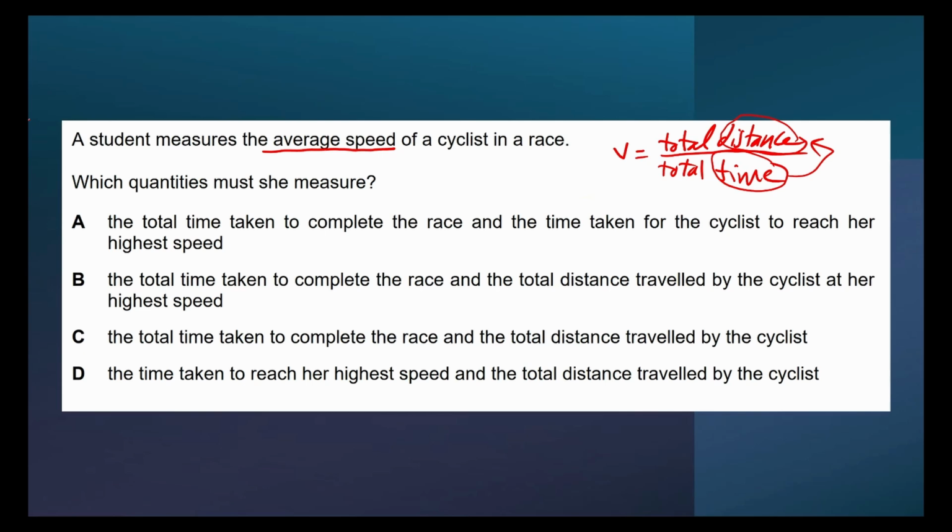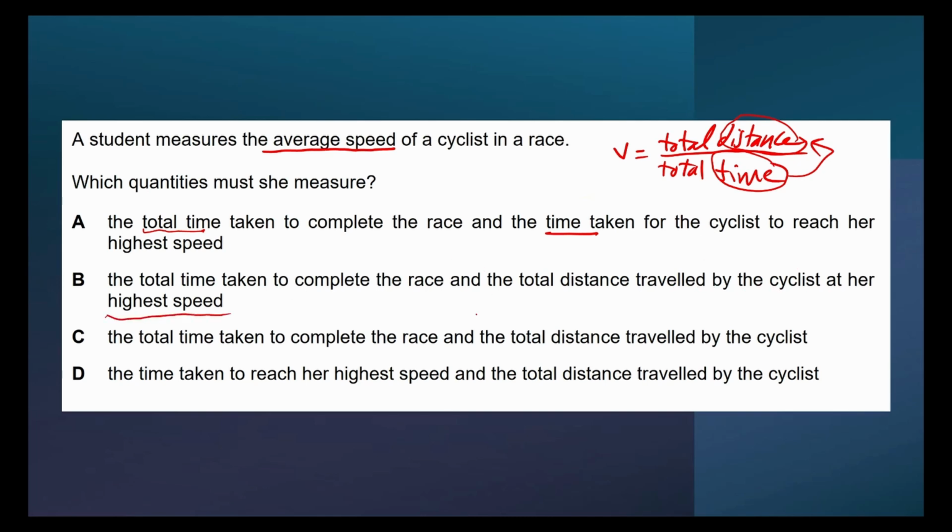Good. They said here the total time. It's good. Beginning taken to complete the race and the time. No, we have here two times. We don't have here the distance. We must have both of these. The total time taken to complete the race, it's okay. And the total distance traveled by the cyclist at her highest speed.